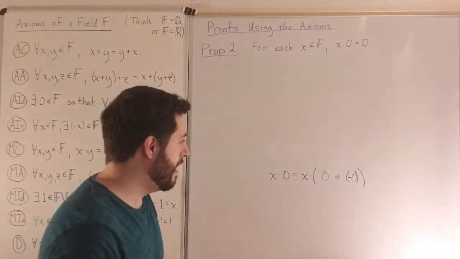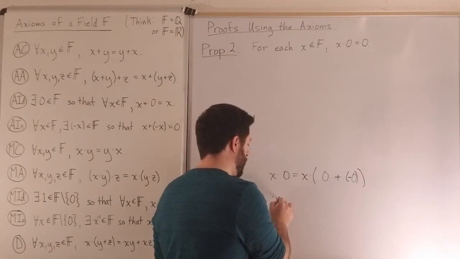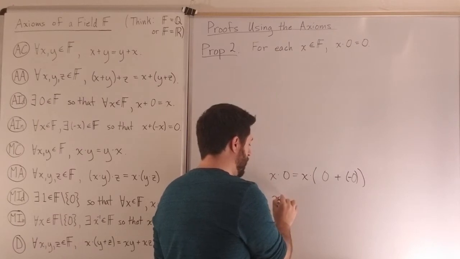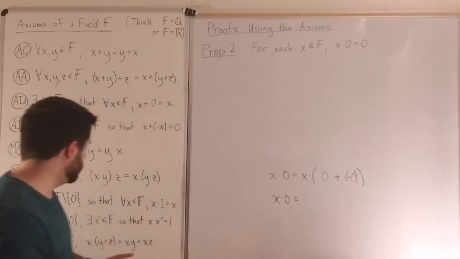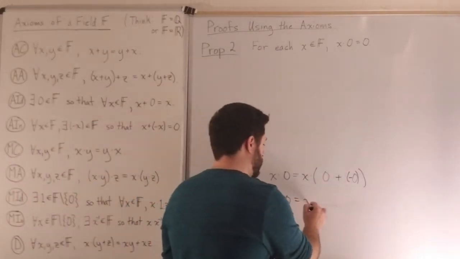And once we had that, then this statement right here would be x times 0 on the left. And on the right, we could use our distributive property, right? It looks exactly like x times parentheses with an addition. We can distribute the x in.